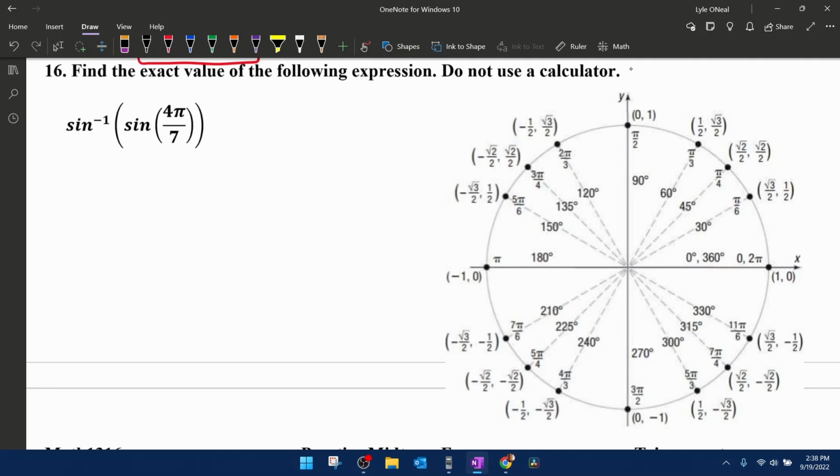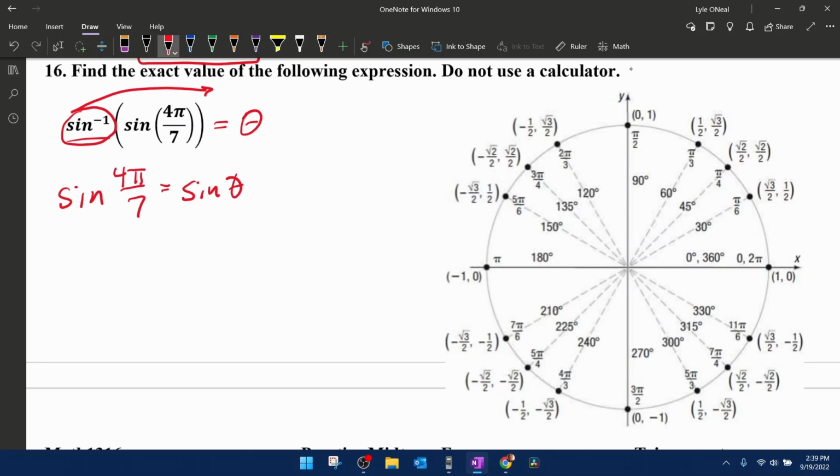It's not going to help me as far as really getting the answer. But the first thing I would like to remind you of is that inverse trig functions produce an angle. And if I bring that to the other side, that's going to say sine of 4 pi over 7 equals sine of theta.